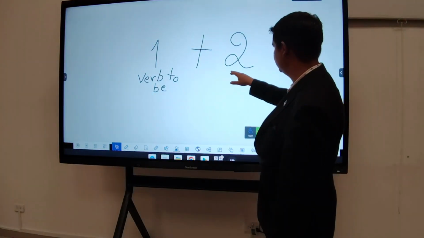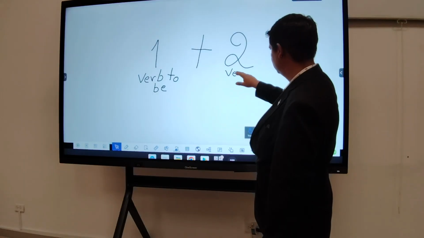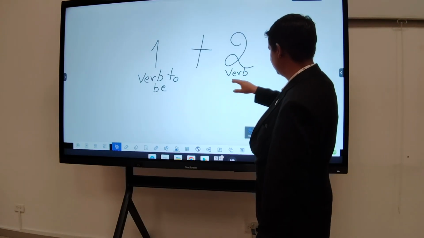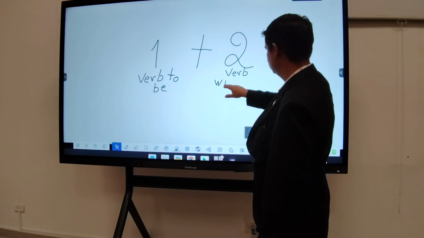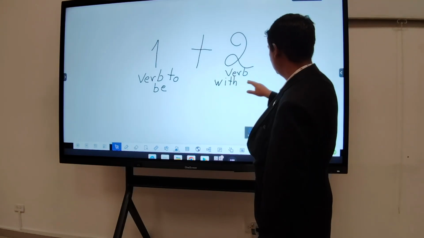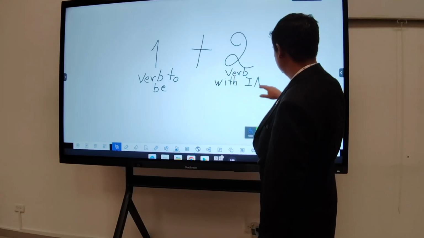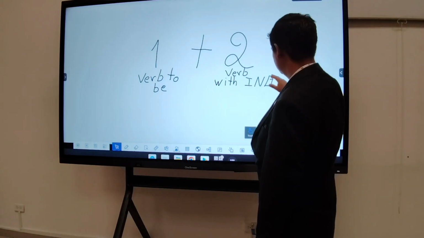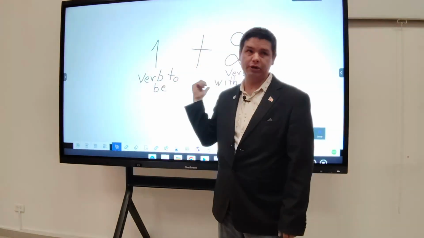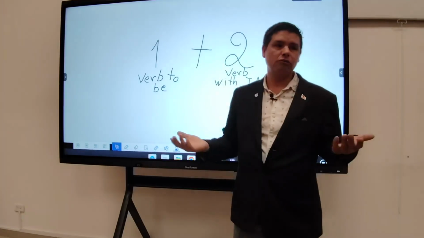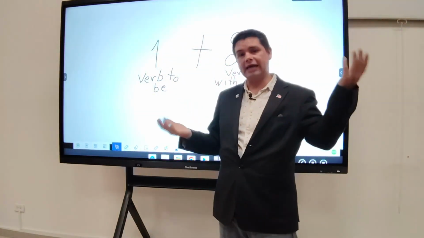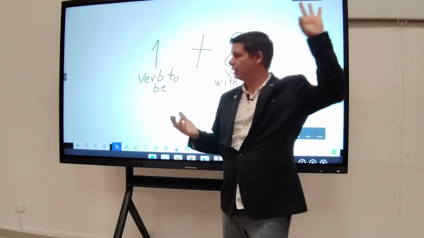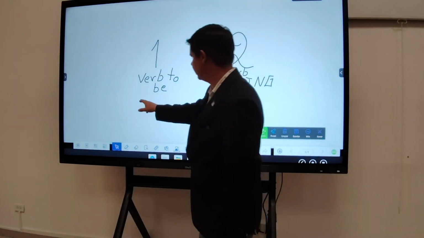So let me put here the verb with ing. So these are the progressive verbs, yeah? And we can only have sentences with 3 words. For example, let me put here the options, right?